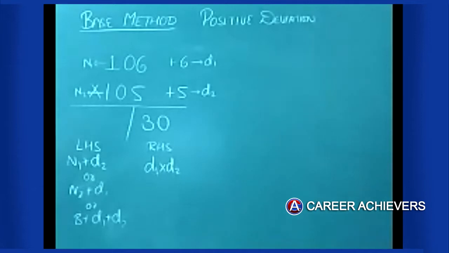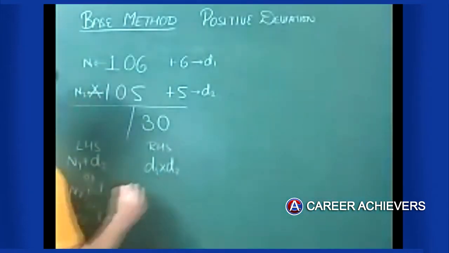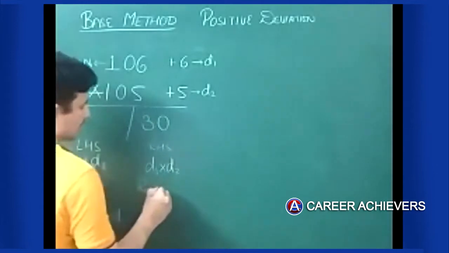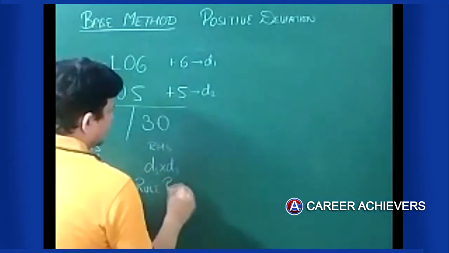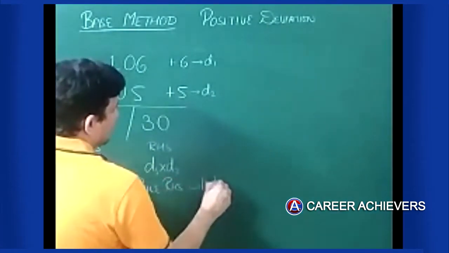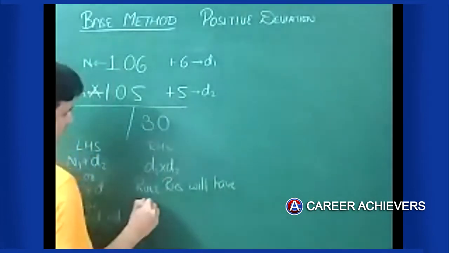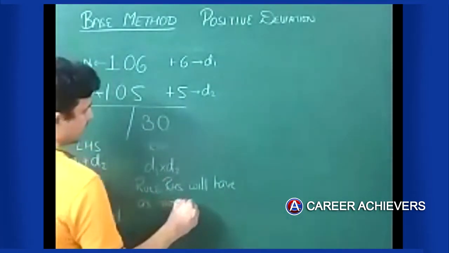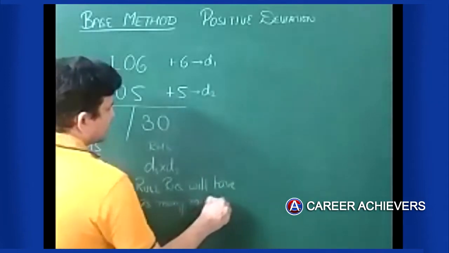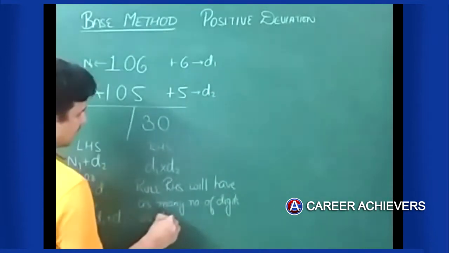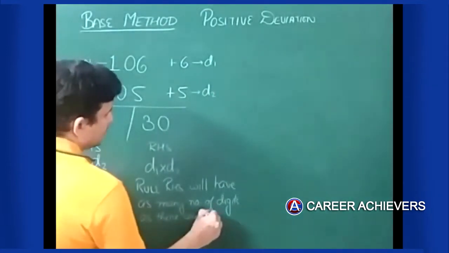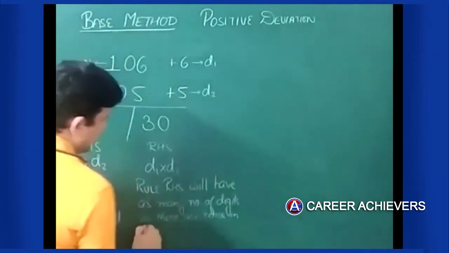Okay, here we have a rule. What does the rule say? It says RHS will have as many digits as there are zeros in the base.